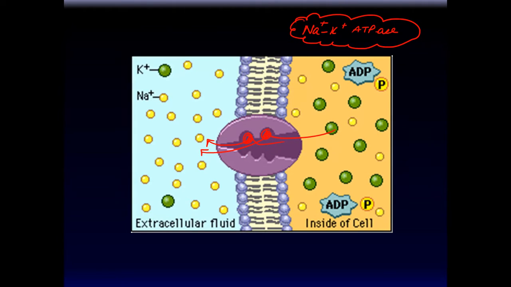And that process opens up these spots for sodium to come in and sit over there, which causes another conformational change. So potassium is going to sit over here, and as sodium comes in, there's going to be a change in the shape of the protein, allowing the potassium to leave, and then that opens up these three spots over here for sodium to come and sit, and then another change will occur.